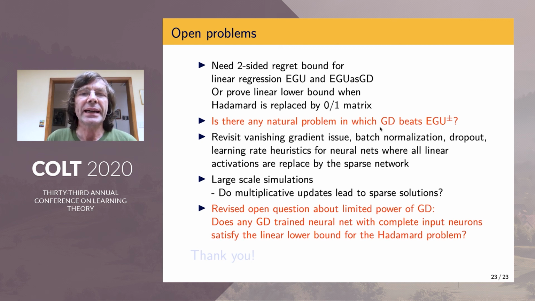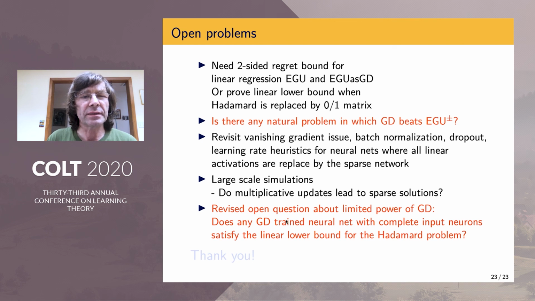And now, since we show that gradient descent is so powerful and can do all kinds of things, including mimicking multiplicative updates, it would be important to revisit all of those issues: vanishing gradient, batch normalization, dropout, learning rate heuristics for neural networks, you see, but do it not with complete connections, but with these sparse neural networks.